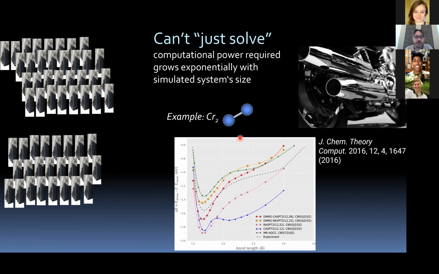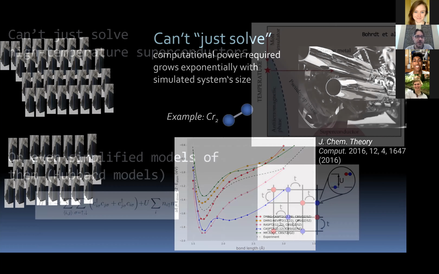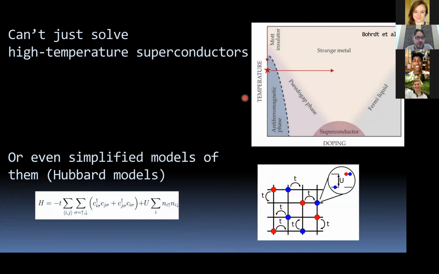As another example, there is the problem of high temperature superconductors. On the top right, I'm giving a phase diagram showing the different phases of matter that occur in a high temperature superconductor as you change the temperature and something we call the doping, which is just the number of electrons in the material. You see there's a superconductor here, and there's also a bunch of other stuff, and we don't understand any of it. Physicists for 30, 40 years have tried to simplify and make models of this to understand.